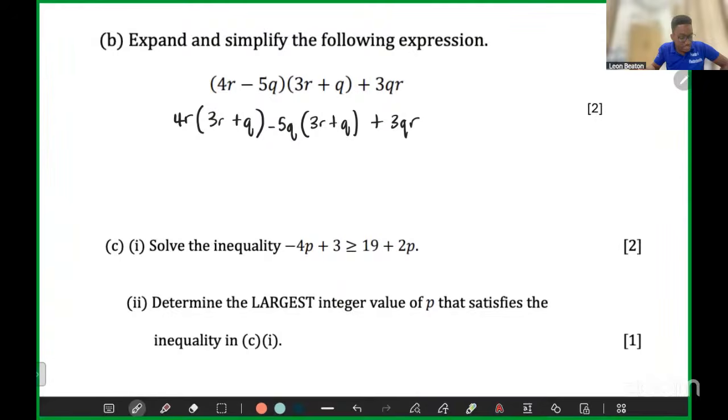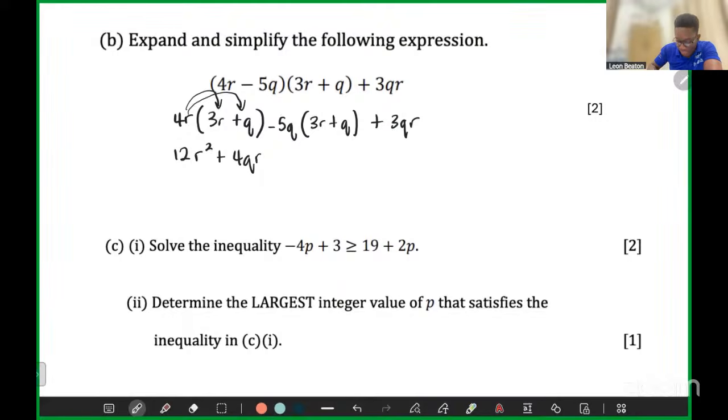And now we simplify. We use the distributive law. So this will be 4r times the first term. 4 times 3 would give us 12, r times r would give us r squared. And then this would be 4r times q, which would give us plus 4qr.